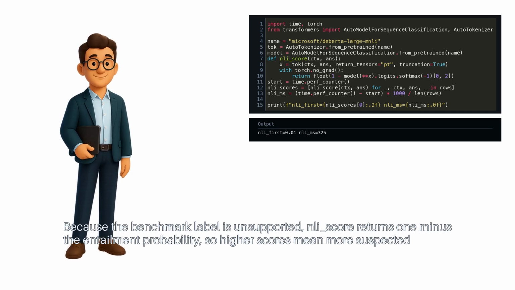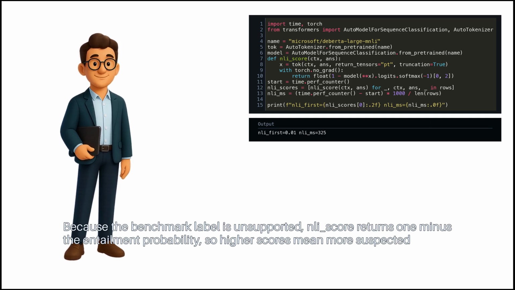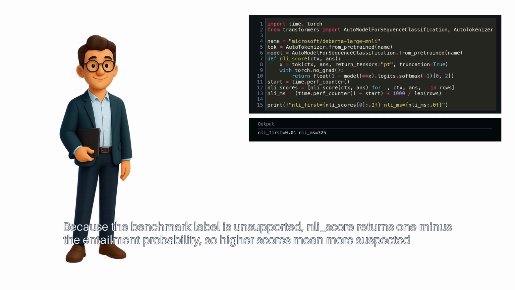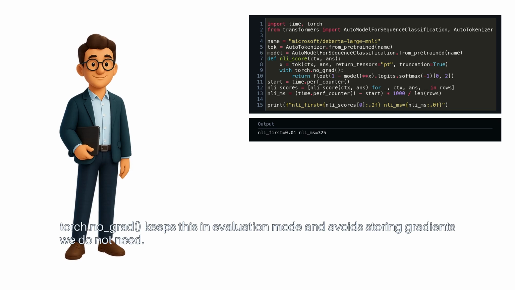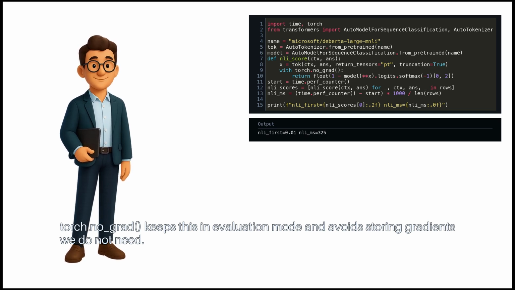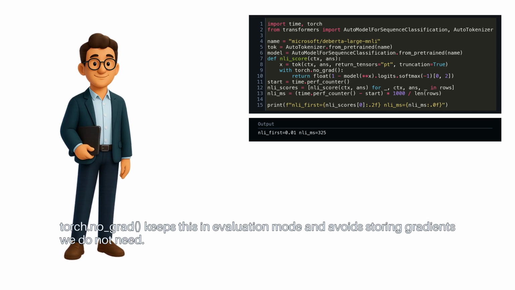Because the benchmark label is unsupported, the NLI score returns 1 minus the entailment probability, so higher scores mean more suspected hallucination. torch.no_grad keeps this in evaluation mode and avoids storing gradients we do not need.